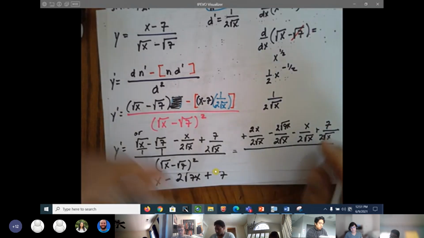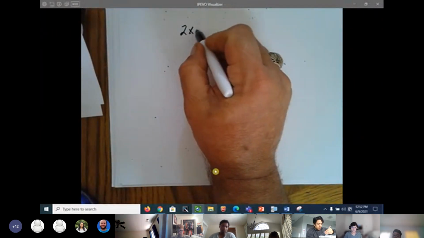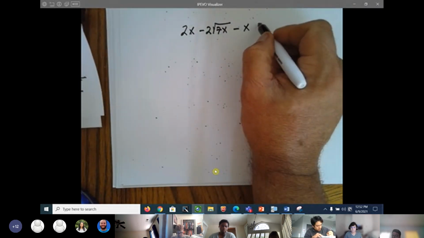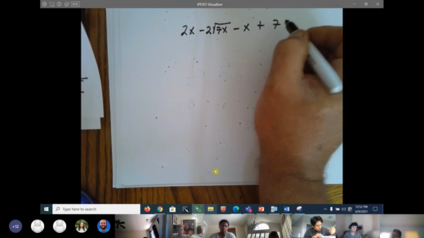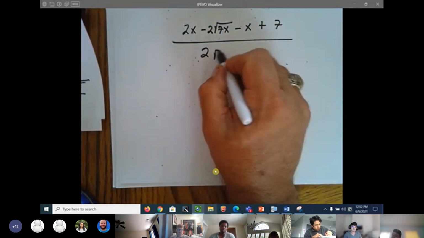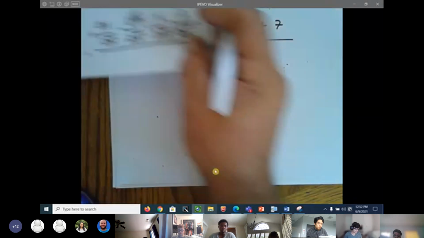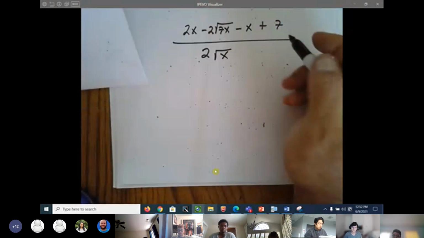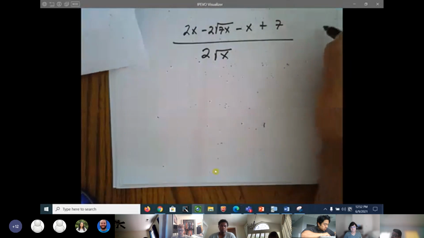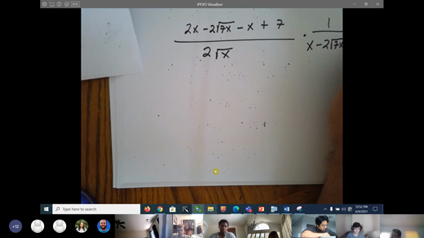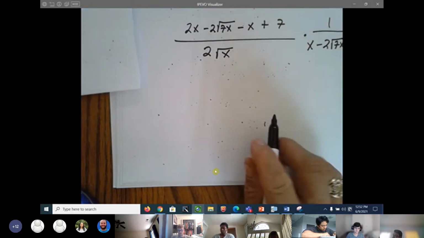So this would be 2x minus 2 square root of 7x minus x plus 7 all over 2 square root of x, divided by, that's over 1, multiplied by 1 over x minus 2 square root of 7x plus 7.